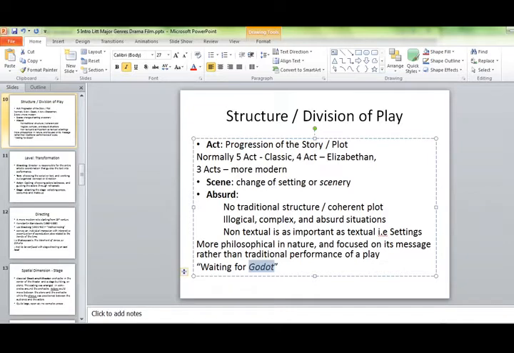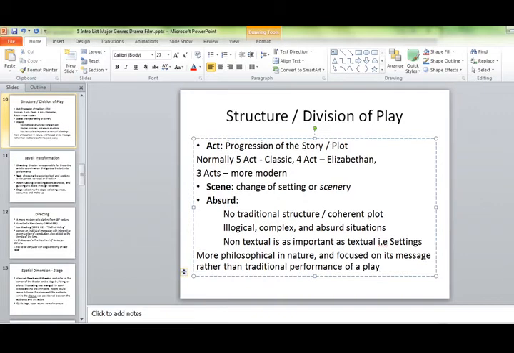It's about other characters waiting for Godot, and as the title suggests, Godot did not come, and that's it. So it wants to talk about a very specific idea of waiting and expectations and stuff like that.